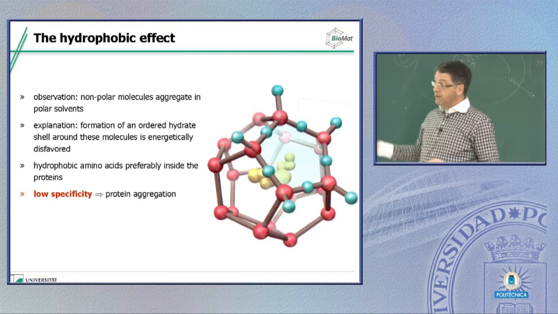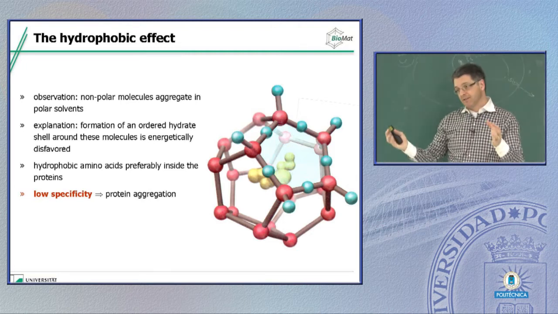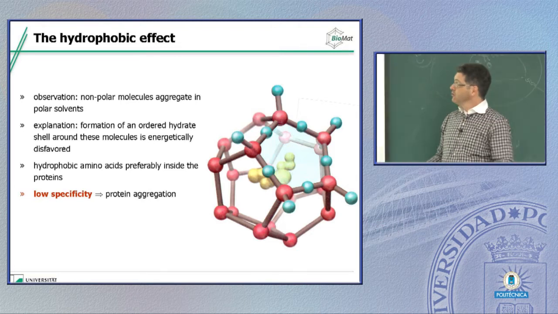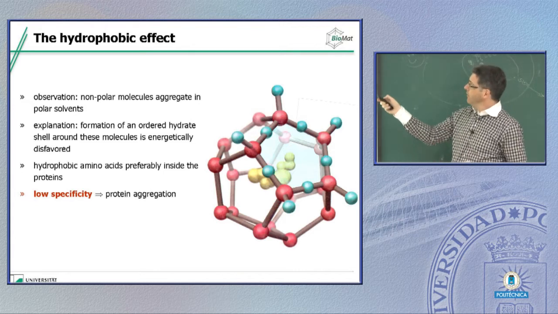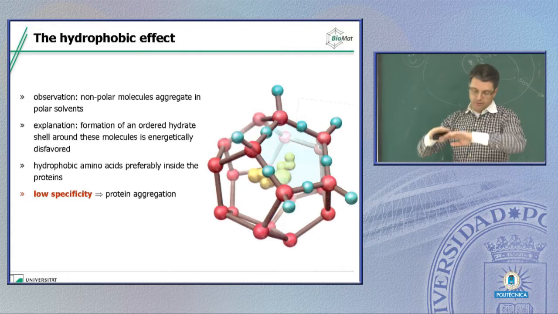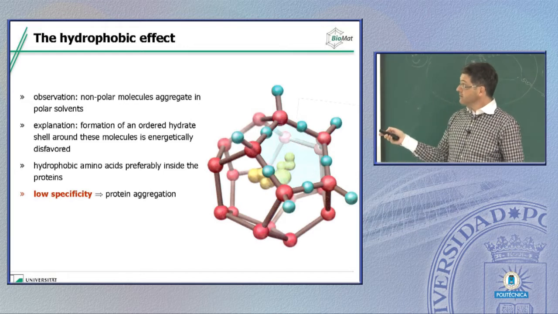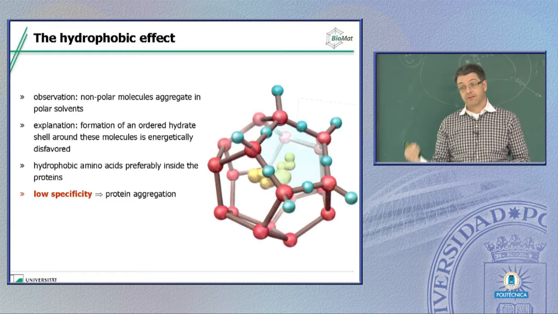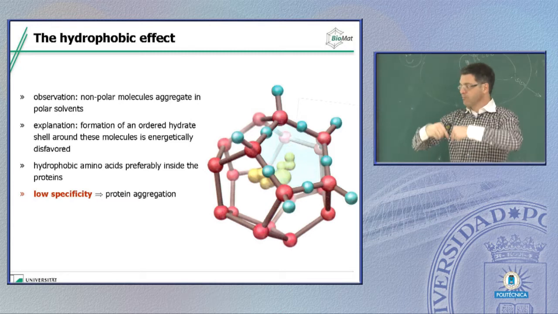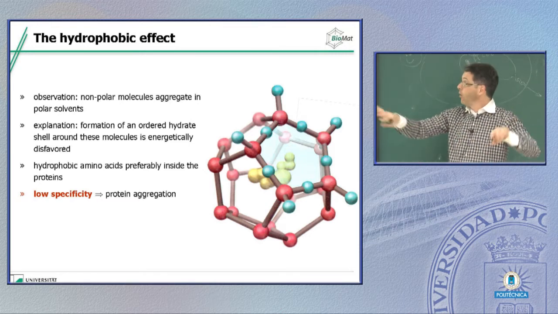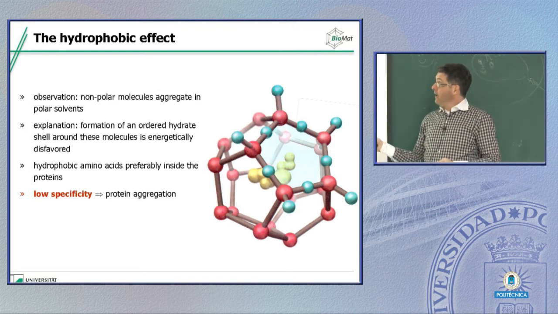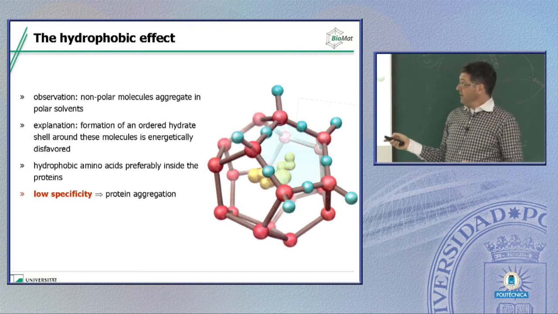So therefore, hydrophobic side chains typically pack together to lower the surface area exposed to the environmental water. And this is the reason why we have hydrophobic amino acid residues typically inside of proteins, because then you can avoid the contact to the solvent. We have a very low specificity.